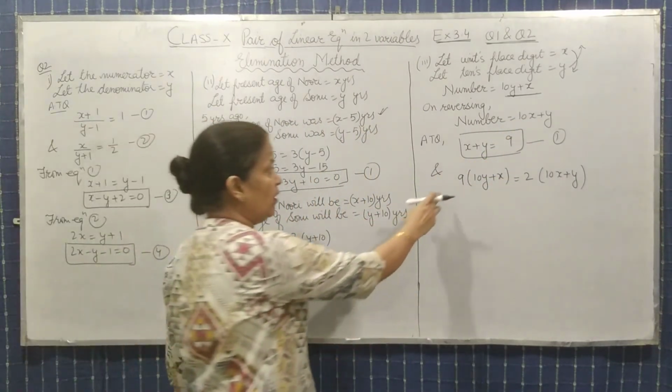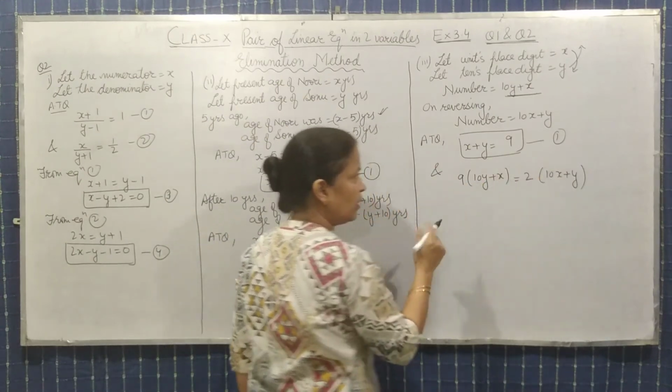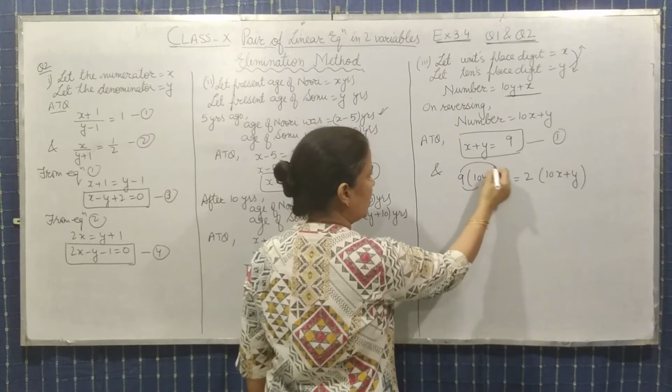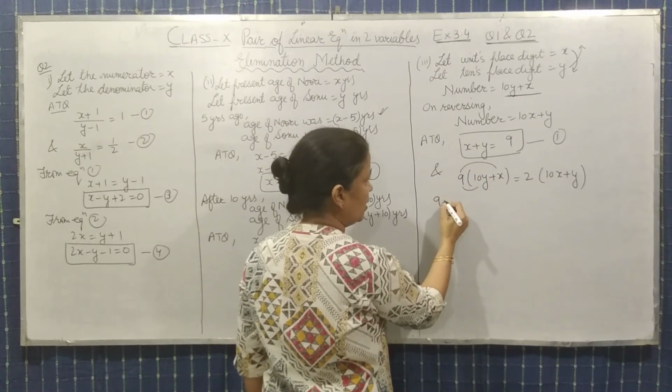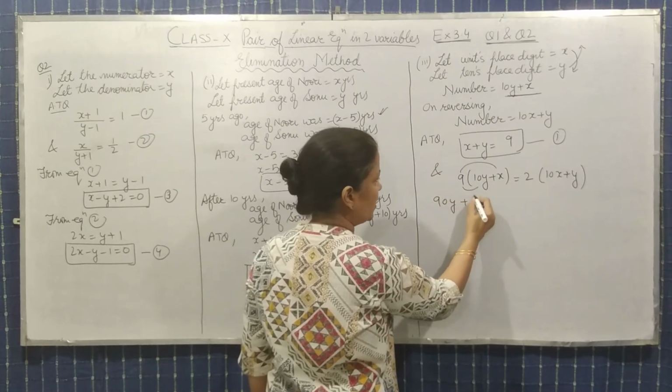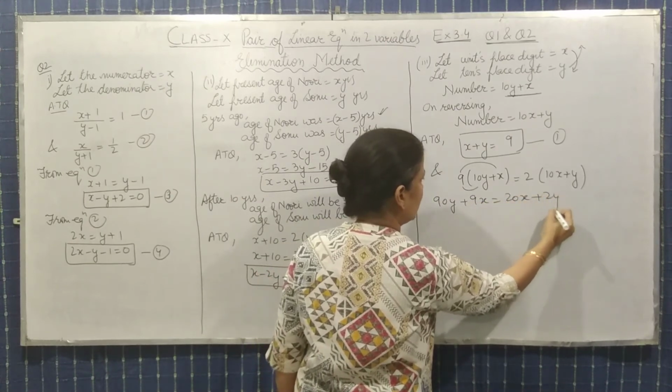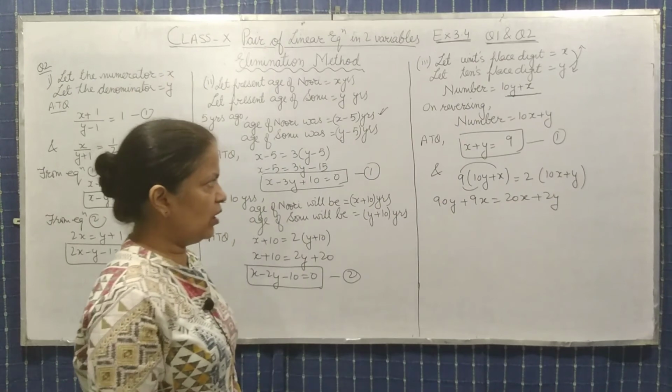So here 9 times this equal twice of this. Okay, now again solve it by opening the bracket. 90y plus 9x equal 20x plus 2y. Okay, so this you will get it.